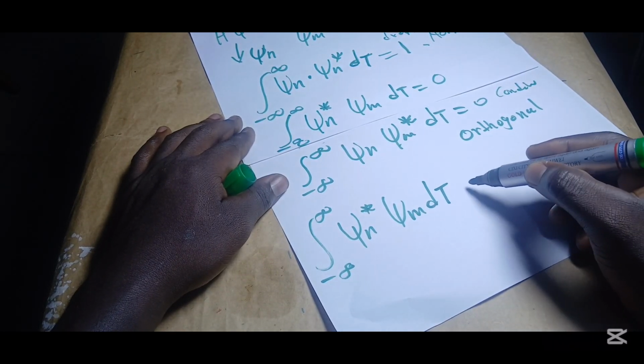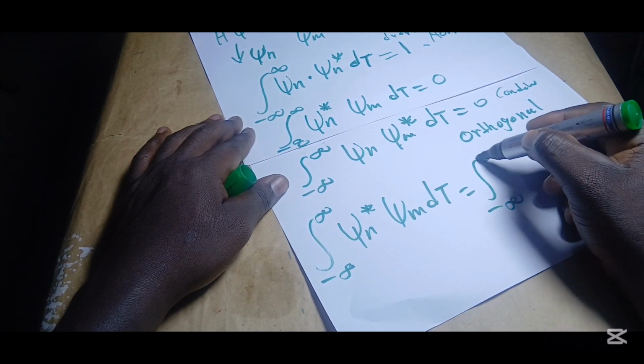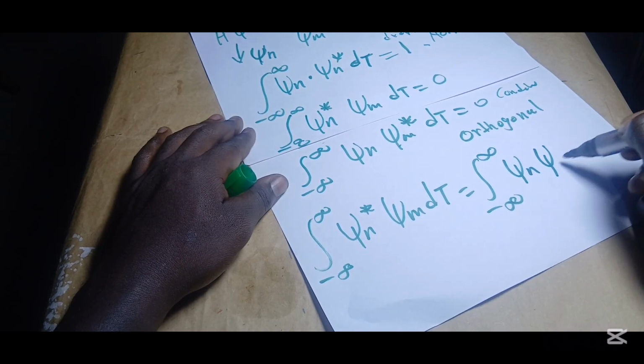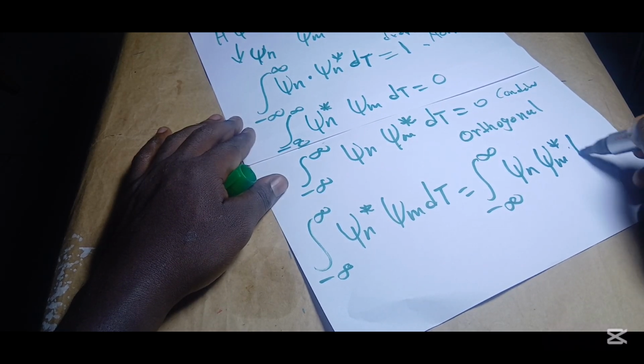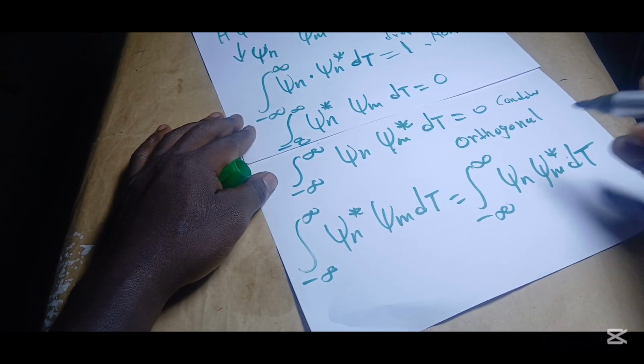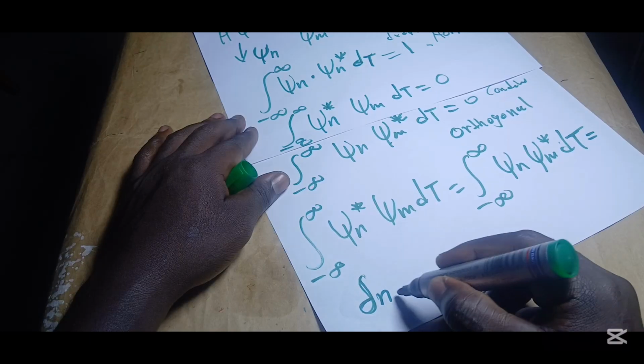We can also write it the other way around, with psi m being the complex conjugate. So let's say this is equal to the Kronecker delta nm.